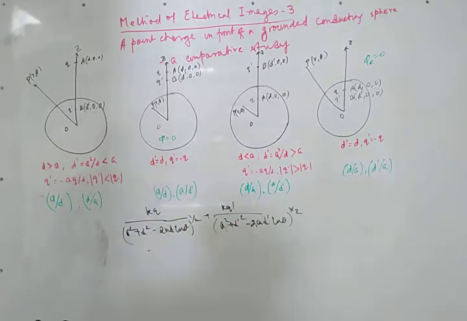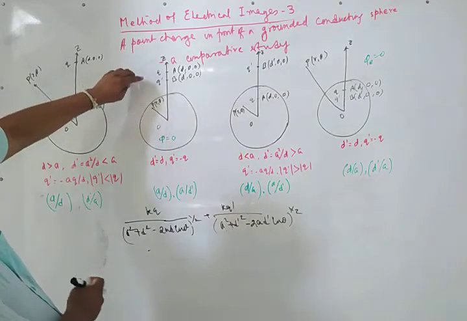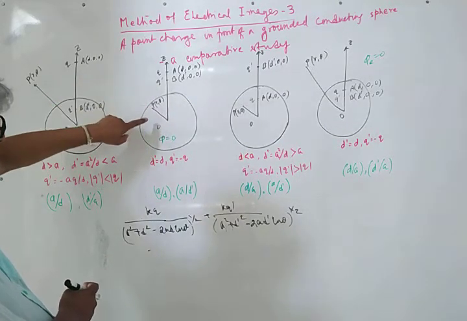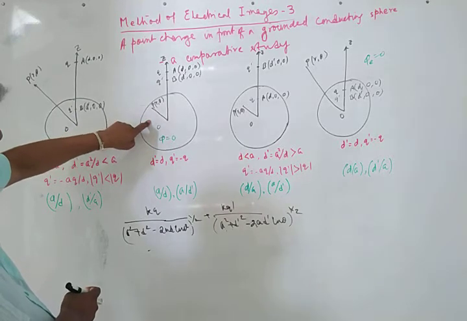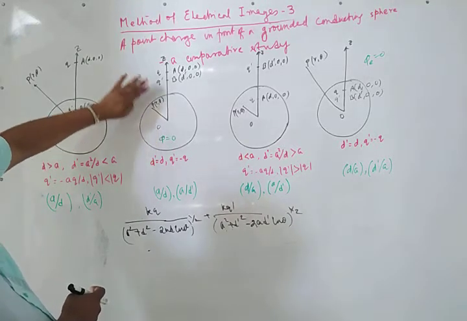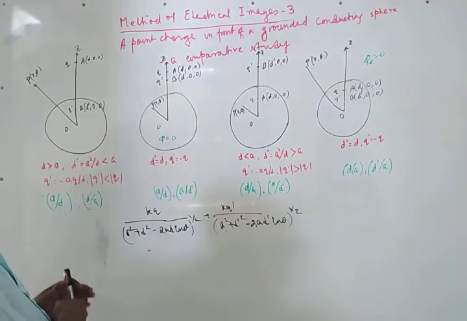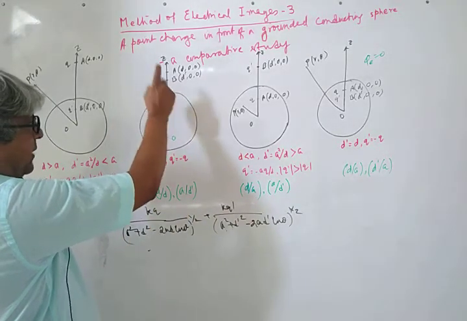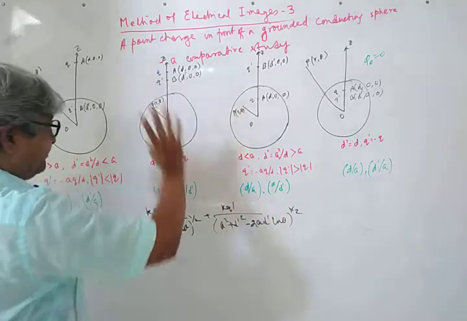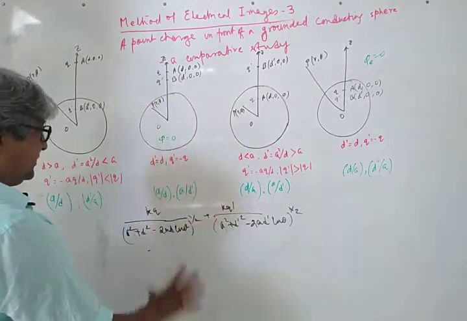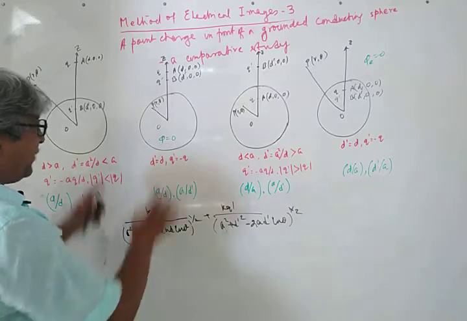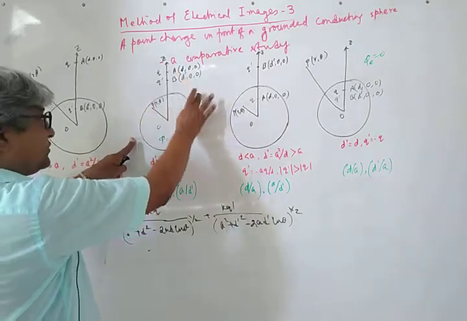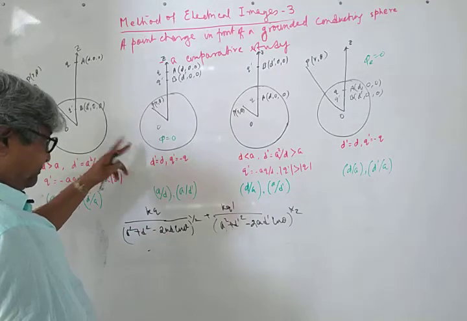Now come to the situation when we want to find out potential at an internal point. So the image charge should be placed outside the sphere. So we have again placed, as per notation, image charge q prime at B, and detailed calculation can be performed when we apply the boundary condition that the potential is 0 on the surface.